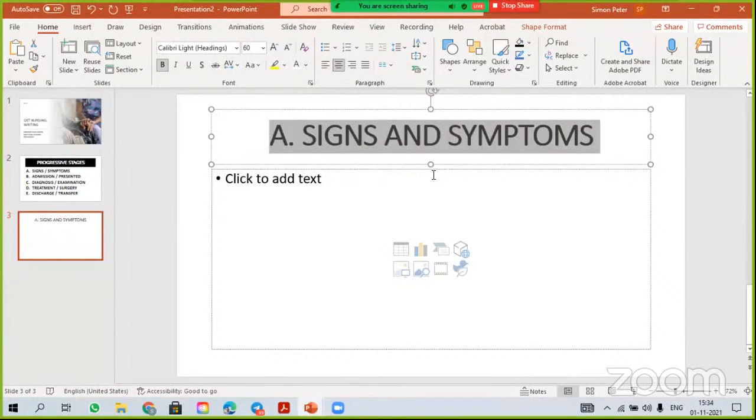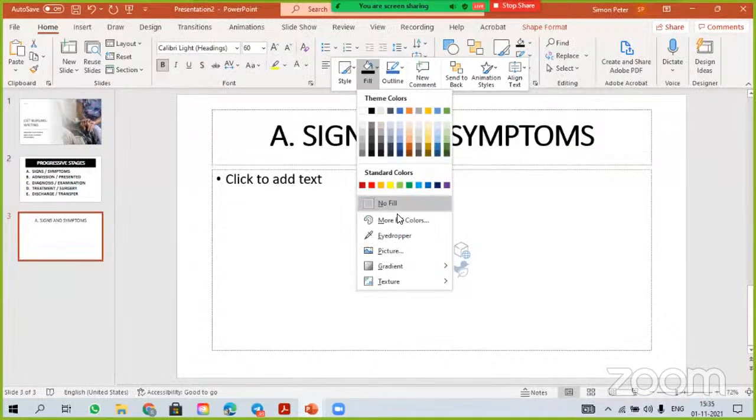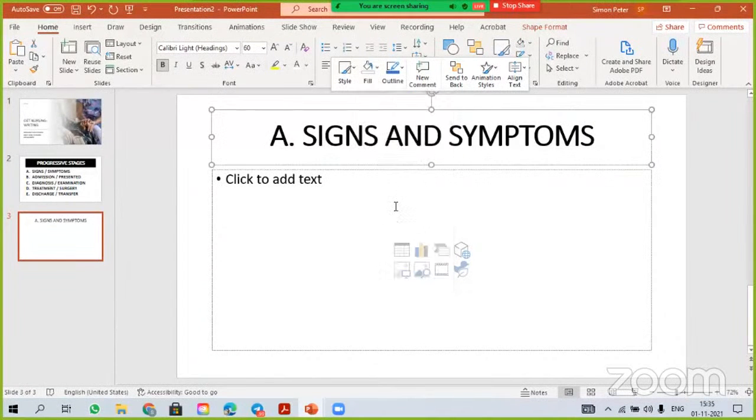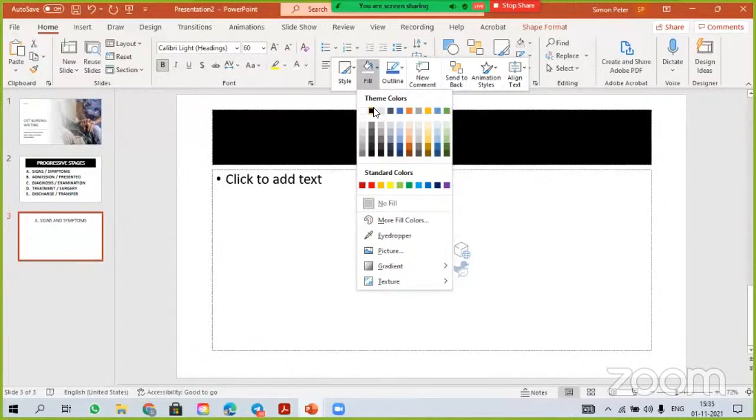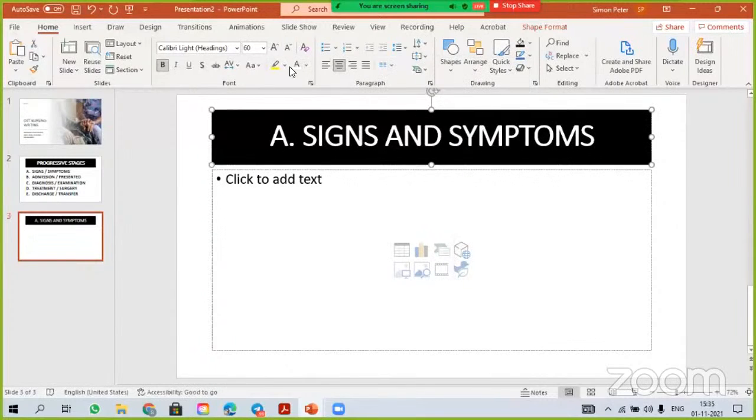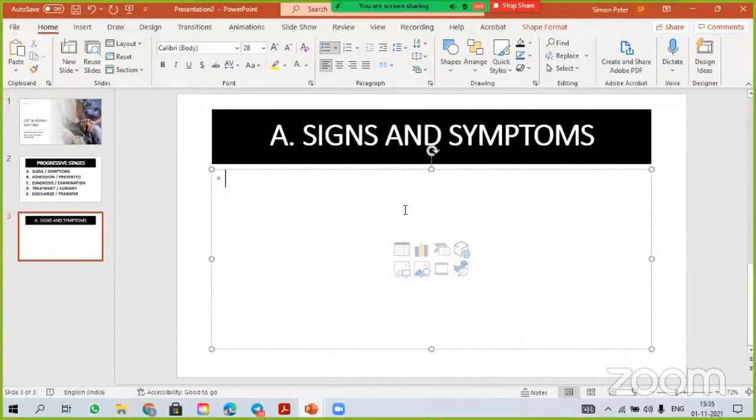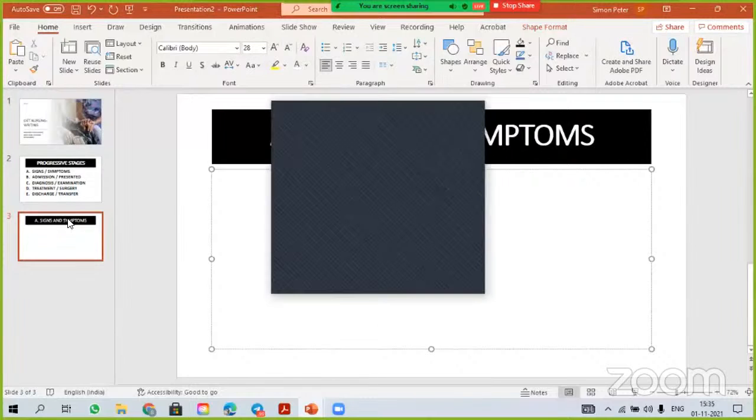So we are taking signs and symptoms. Now, how are you going to write a sentence using signs and symptoms? That's the most important point here. You can start writing with signs and symptoms. You can start writing with admission, who was admitted with.